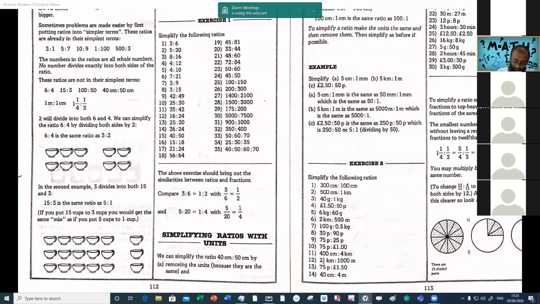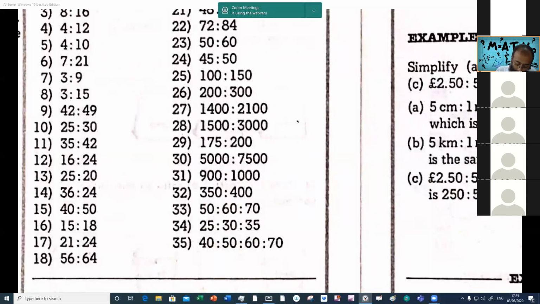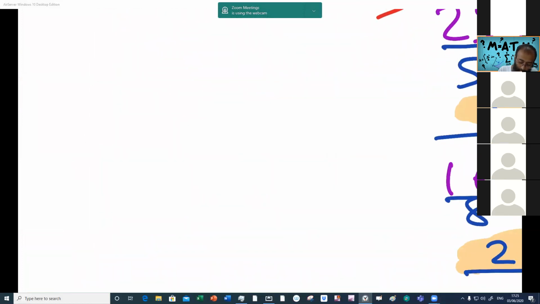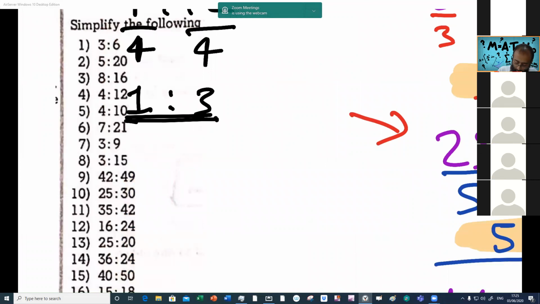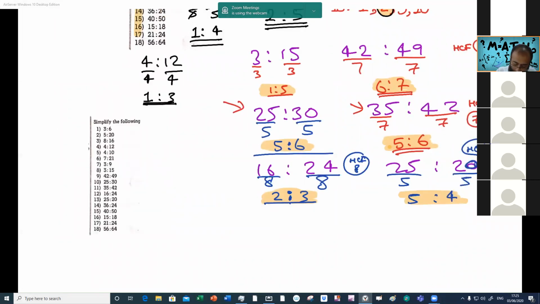Now, if I go back to the original questions, I've got some over here which are triple. Let's have a quick go at those now. Let me pick some big ones here. Why has it still got that one?